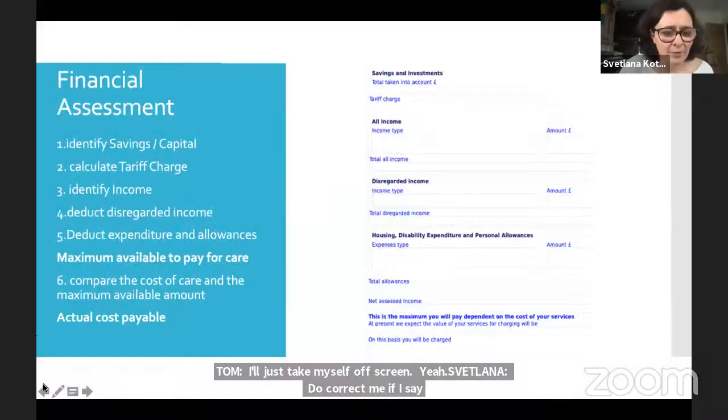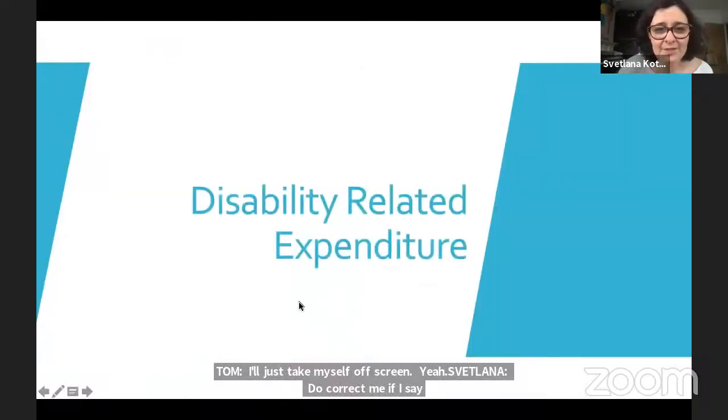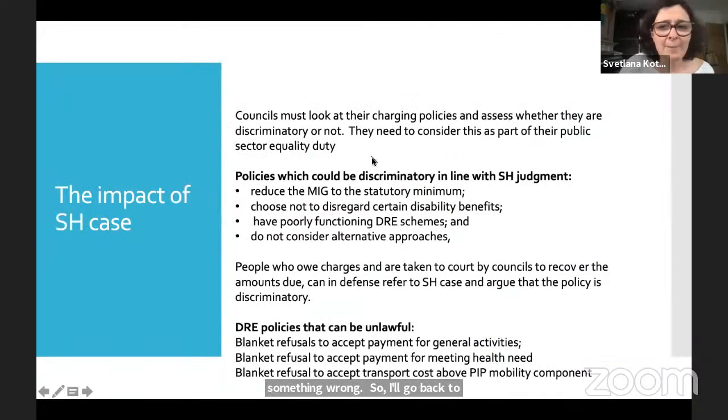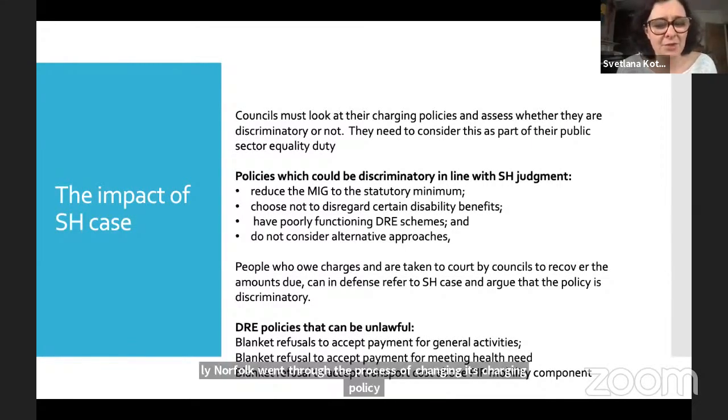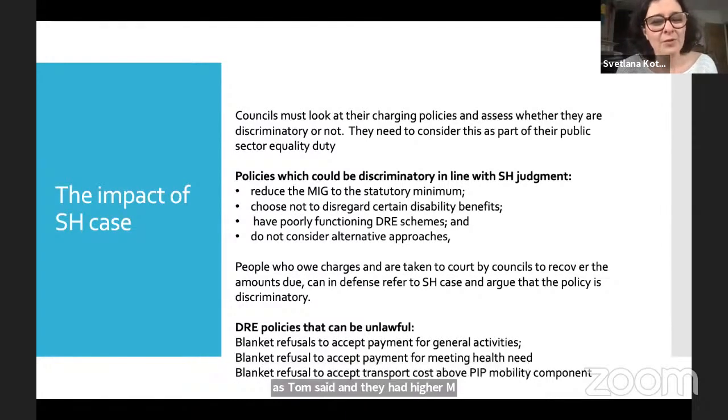I'll go back to my slides. So effectively, Norfolk went through the process of changing its charging policy, as Tom said, and they had a higher MIG, which they reduced slowly to what the minimums are set out by government.